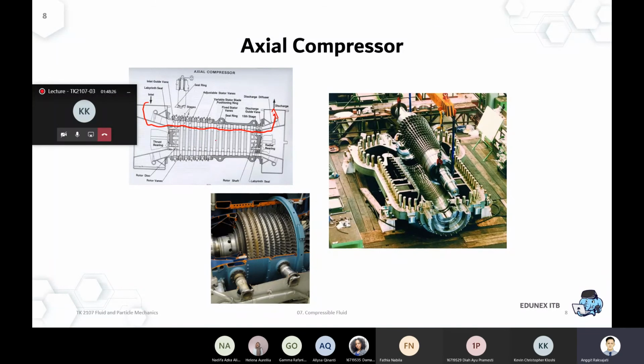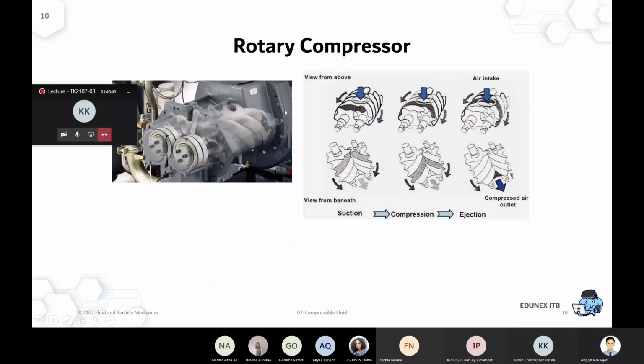But for the axial compressor, no. Axial means the direction is along the axis of the compressor. Even though the compressor rotates this way, it doesn't affect the direction of the gas.